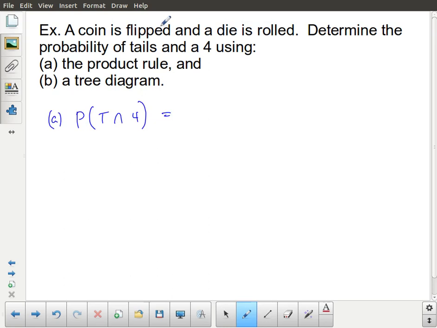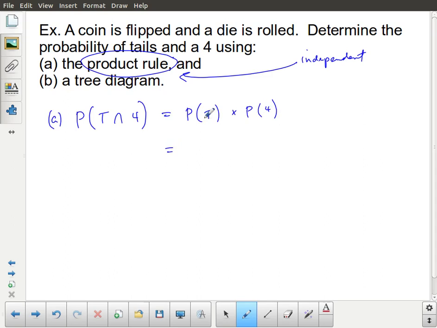Now, does my flipping heads or tails have any impact on what will get rolled, 1, 2, 3, 4, 5, 6? No, it does not. So that means that these are independent events, and it's because they're independent that allows me to use the product rule. So the probability of getting tails and 4 is the same as the probability of getting tails multiplied by the probability of getting 4.